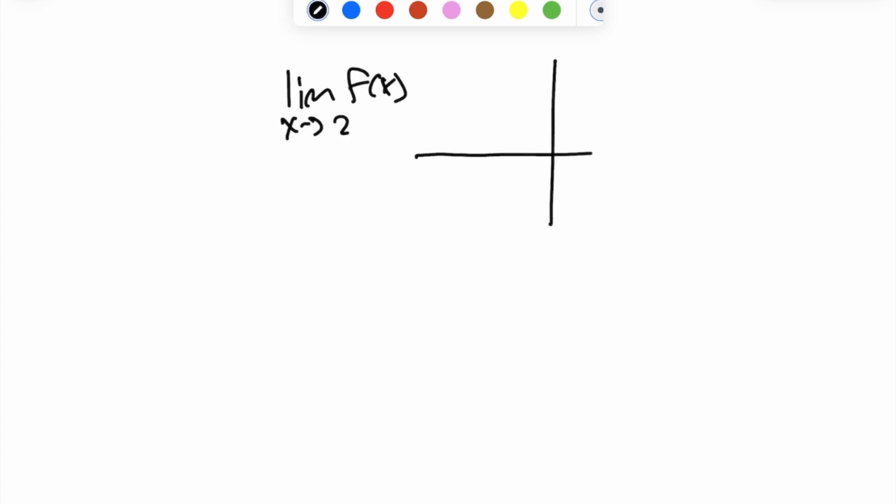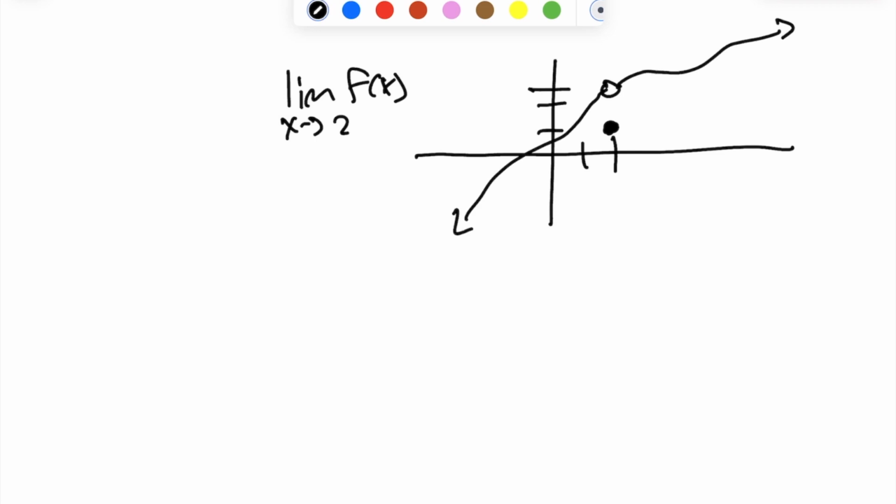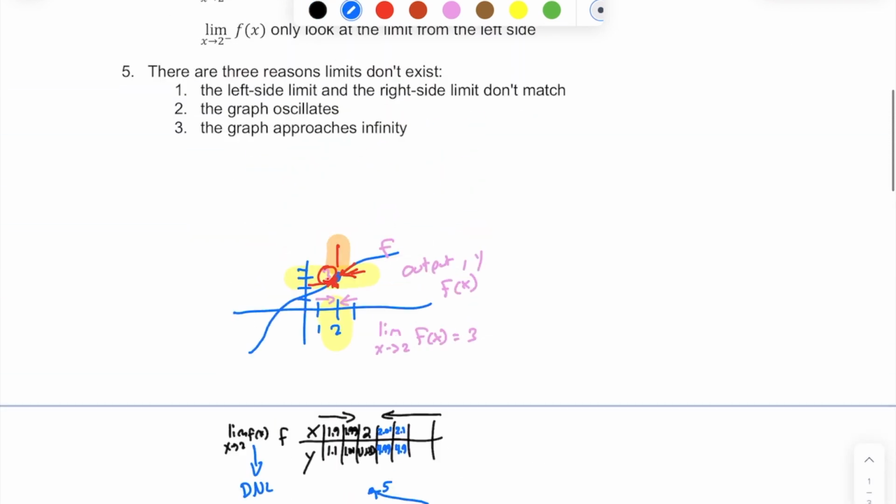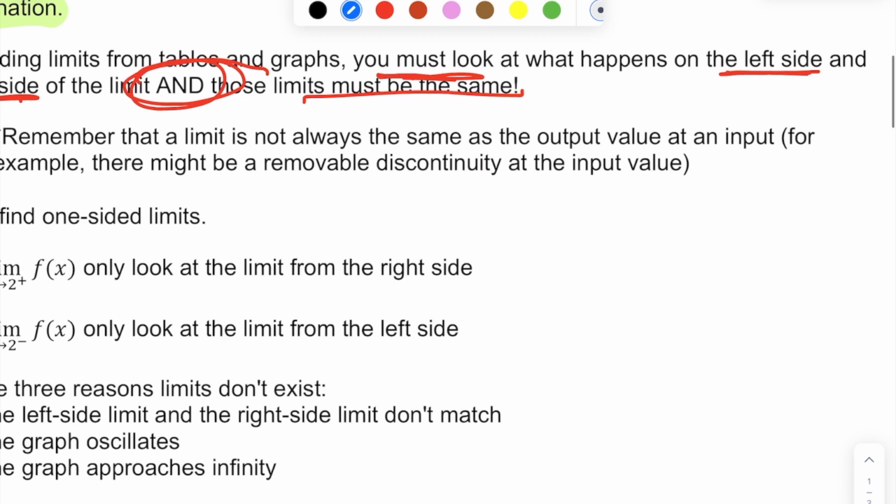Well, let's look at the limit of a function as x approaches 2. Kind of sticking with the same thing here, let's say this happens. Now, this is kind of fascinating. Maybe we curve, then we curve away. The remember statement above said that a limit is not always the same as the output value.